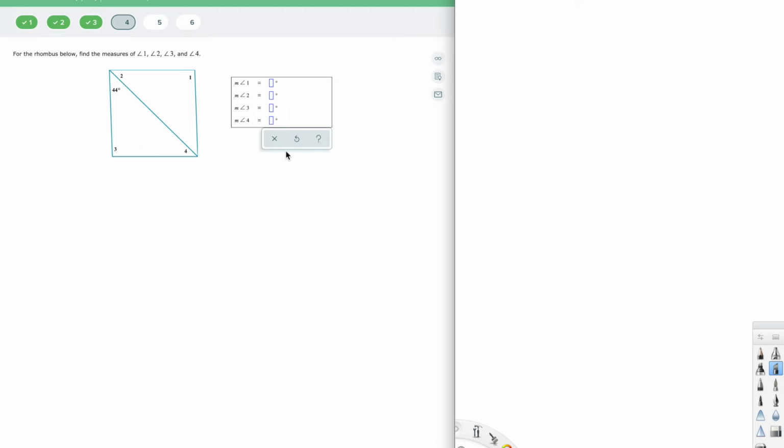Alright. So for the rhombus below, find the measure of angle 1, 2, 3, and 4. So we have a rhombus. We don't necessarily know that it's a square, but we do know that it has some special qualities to it here. So we're given that this angle here is 44 degrees. Remember, if it says rhombus, I know that everything before that was true.